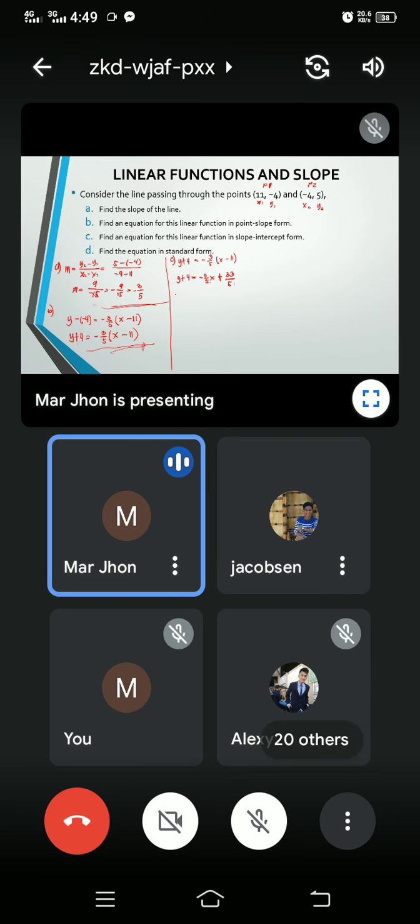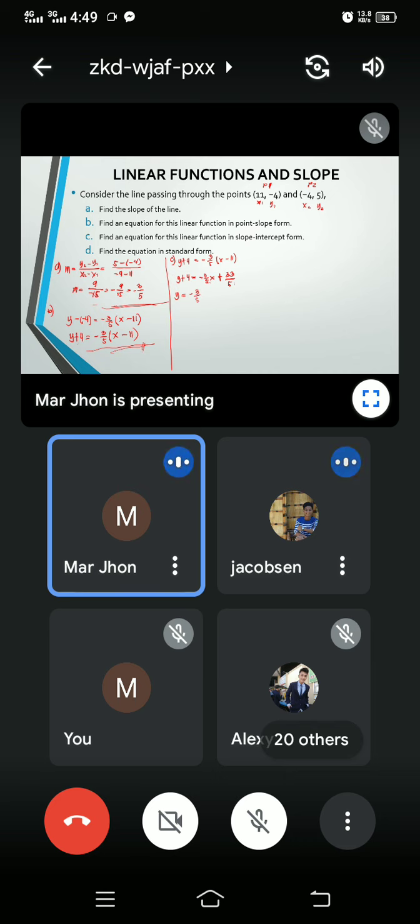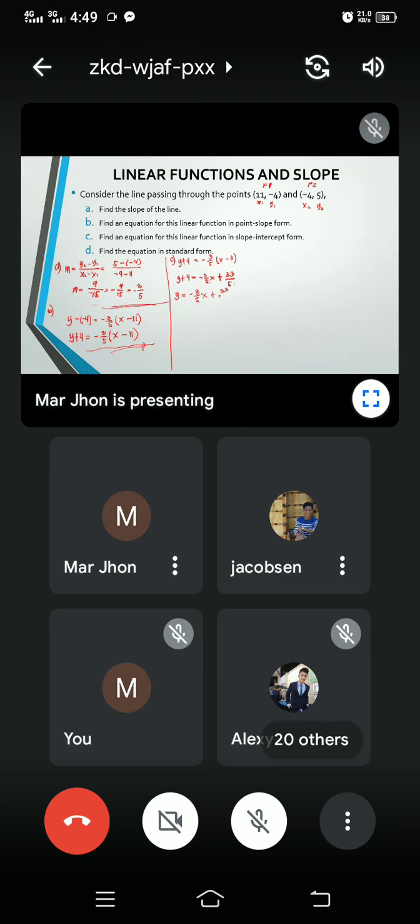So, we have y is equal to negative 3/5 x plus 33 over 5 minus 4, right? So, y is equal to negative 3/5 x.